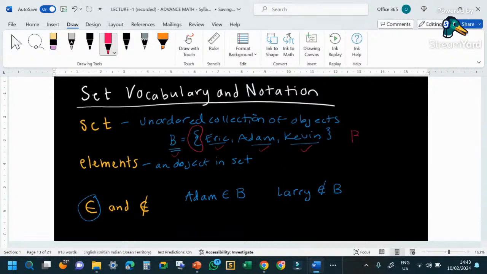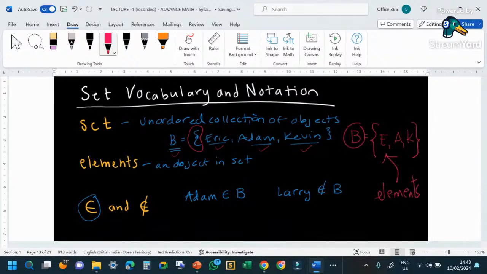So you have a set B wherein it contains names of three persons, Eric, Adam, and Kevin. You call EAK, or Eric, Adam, Kevin, elements.